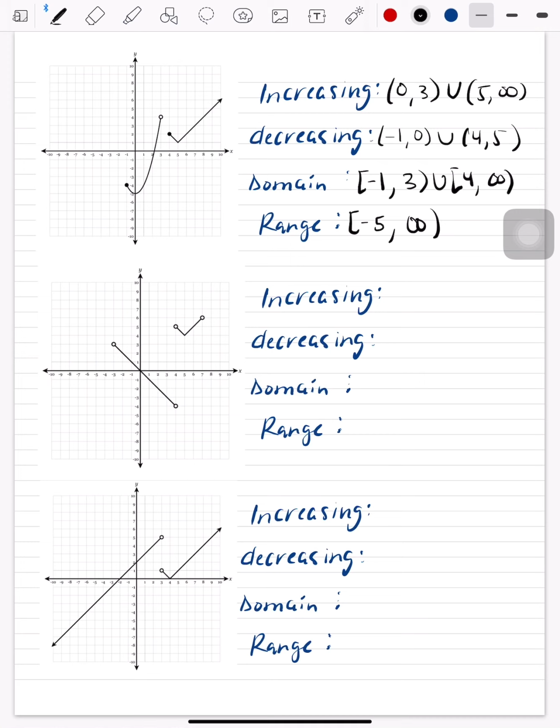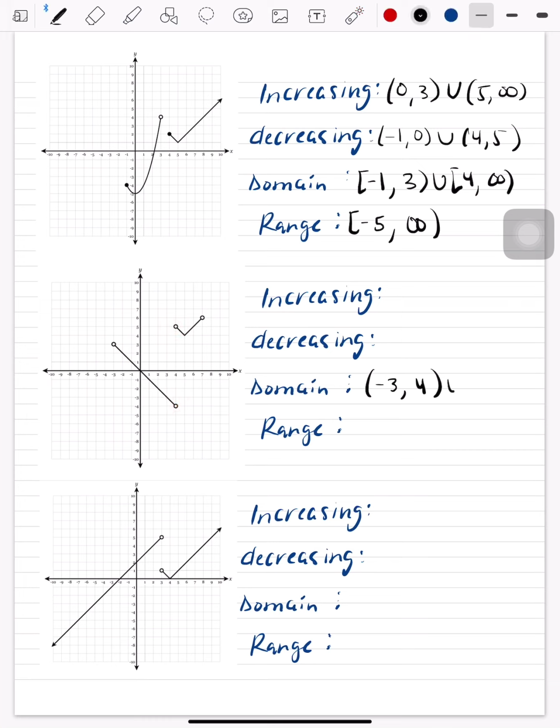Domain. Domain, it starts from -3, and I see that it's an open circle, and it goes all the way up to 4, right? So right here, it exists from -3, and it goes all the way up to 4. That's where my graph exists. And is that the only one? Nope. If you notice, there's no real output at 4, so we're gonna have to union it right there.